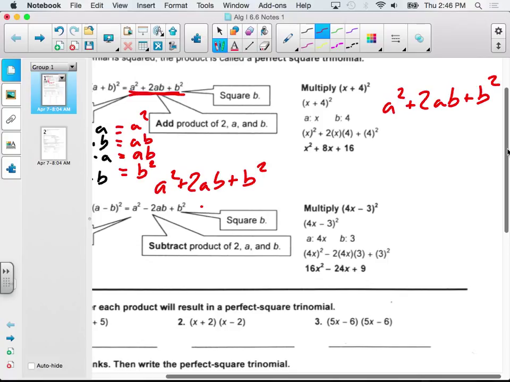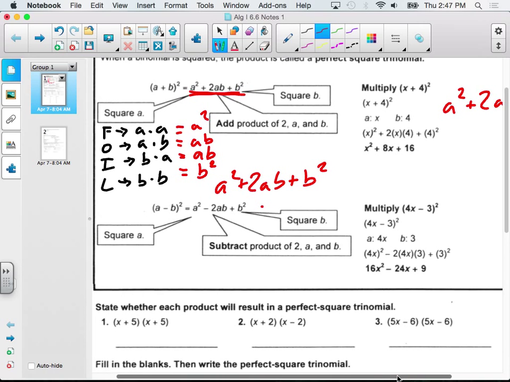Then whatever is in the middle, that's our O and I step in FOIL, right? Just like over here, even though they were flipped around, we still ended up with two of the same thing. So that's where that 2 times our first term times our second term comes from.